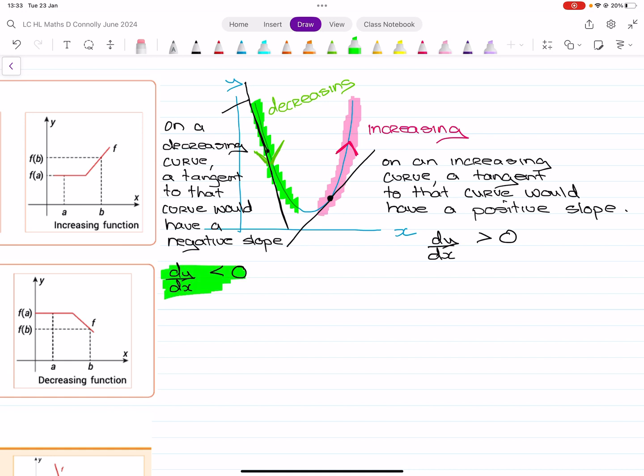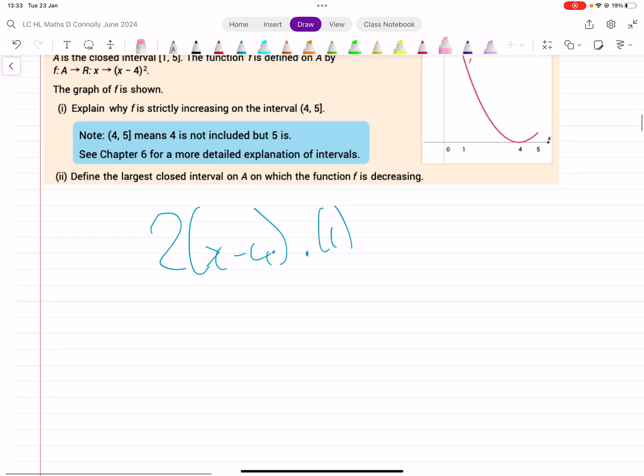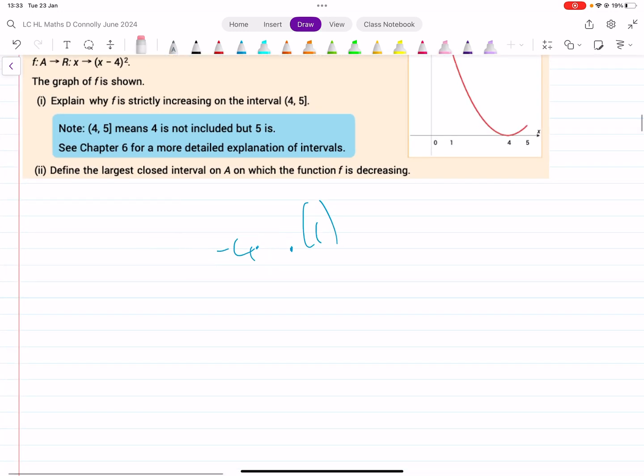On the decreasing part of a curve, if you were to draw a tangent, the slope of that tangent would be negative. So dy dx is less than 0. And if you're on a positive curve and you were to draw a tangent, the slope of that tangent would be positive, which is greater than 0. Yeah? Oh, sorry.